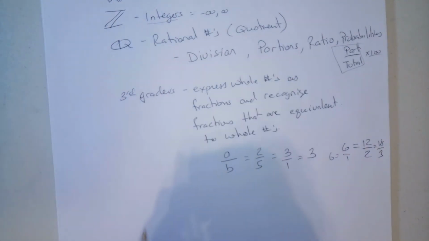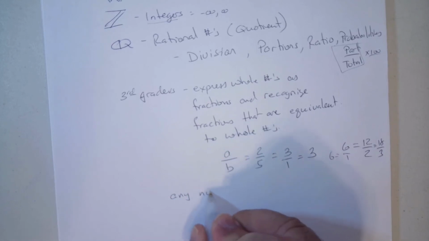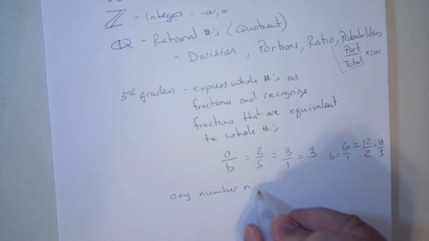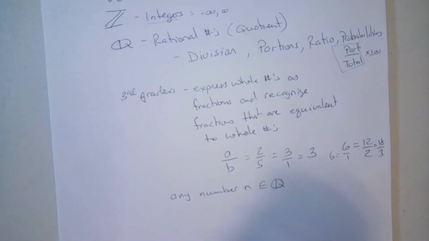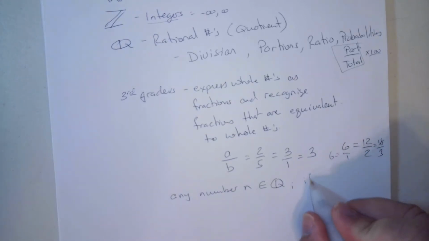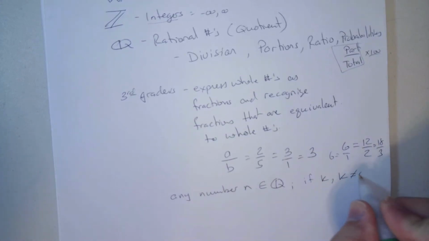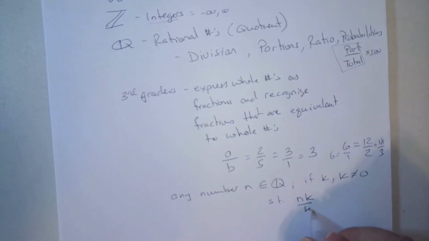A fraction, actually, a rational expression, actually means this. Given any number, let's call it n. N is a rational number, it belongs to Q, if there's a number k, where k is not equal to 0, such that n times k over k is a number.